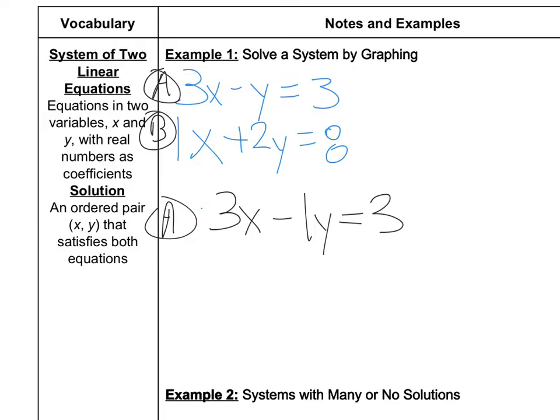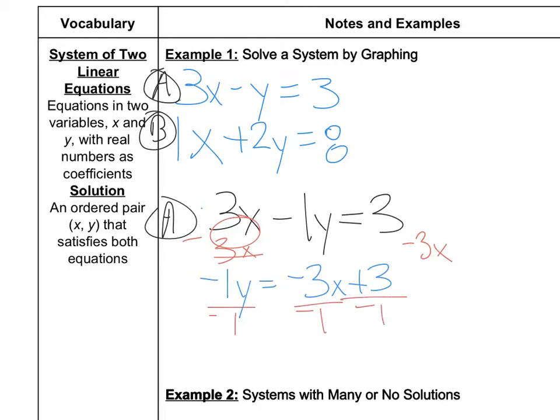So what we do is subtract 3x from both sides. So now I'm left with negative 1y equals negative 3x plus 3. And then we divide by negative 1 because you can't have that negative.